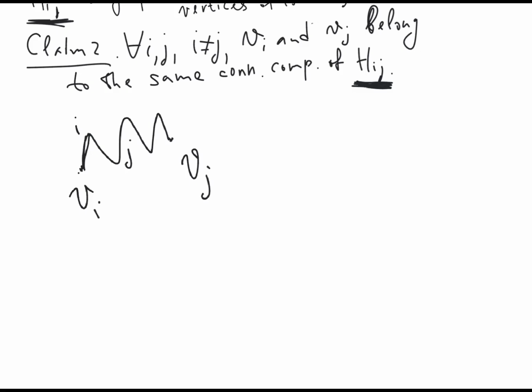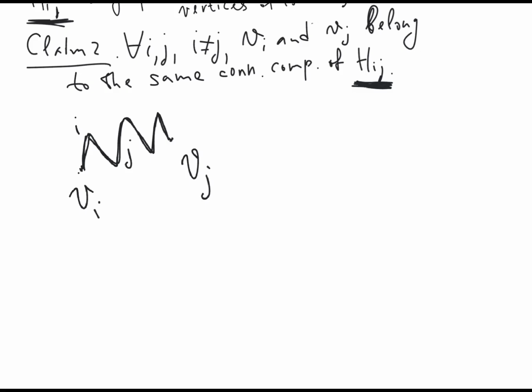All vertices on the path have only colors i and j. That's what this claim says.